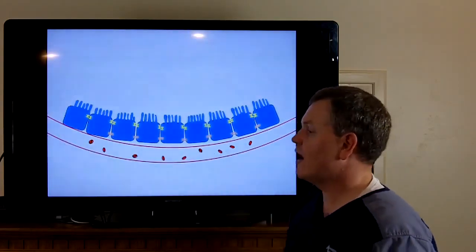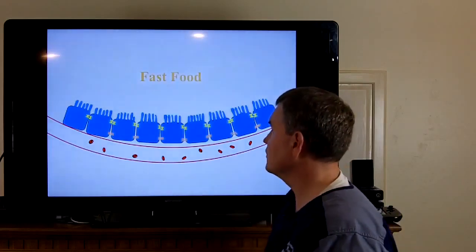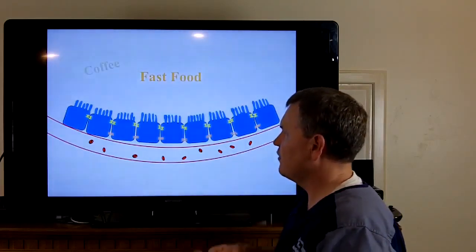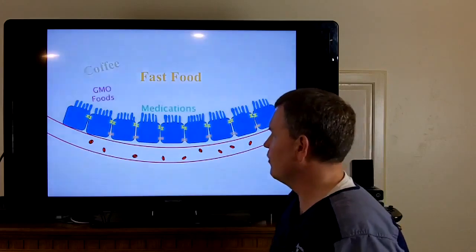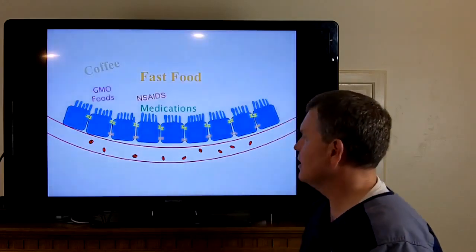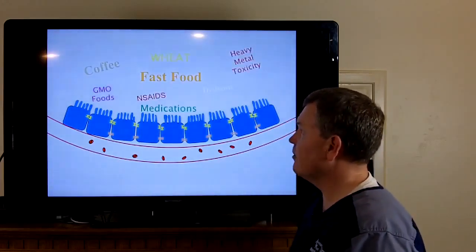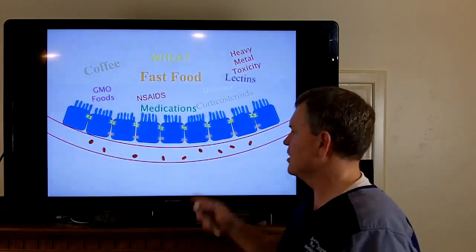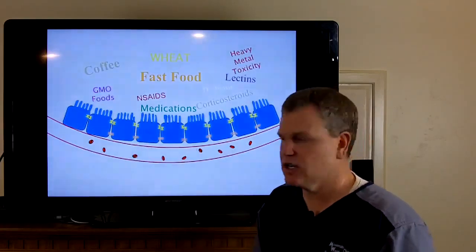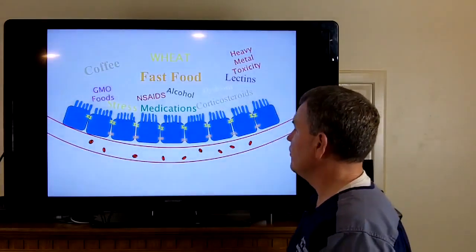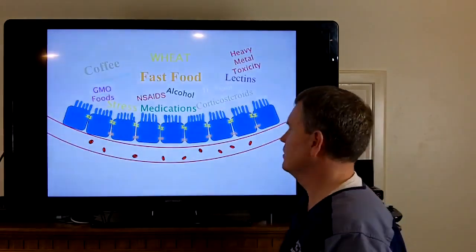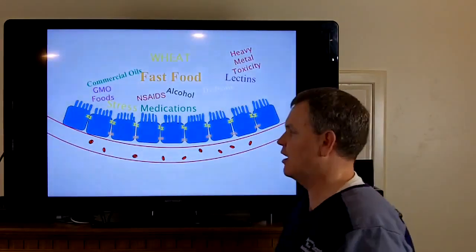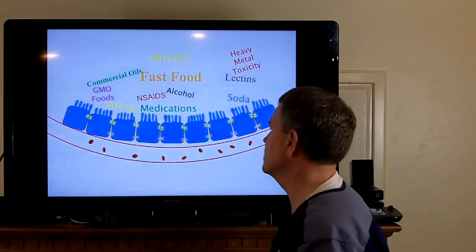Now, if we have issues with that, we have fast foods, we have coffees, we have GMO foods, medications, NSAIDs, all these other things that come up, they can affect our tight junctions, and they can allow for bigger molecules to get in. Okay, we get infection into the gut or different things, and we're going to get to that in just a second.